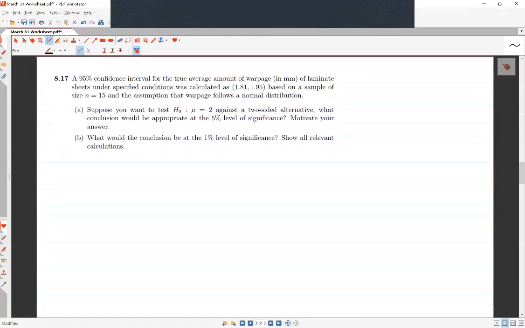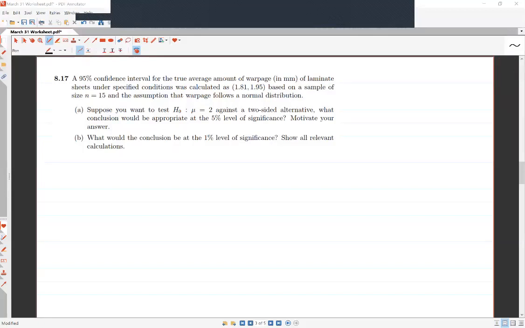The next problem we're looking at is an illustration of the relationship between constructing a confidence interval and performing a hypothesis test. If you watched the video I posted yesterday, you would have seen there that we should have consistency between the conclusion we reach with the confidence interval and the conclusion we reach when we perform a hypothesis test.